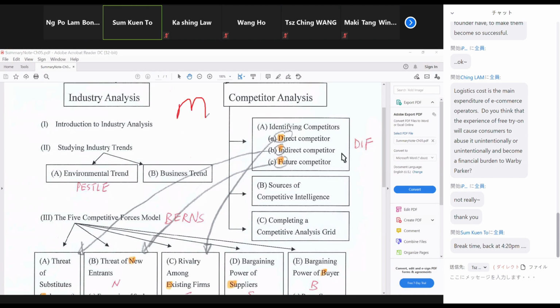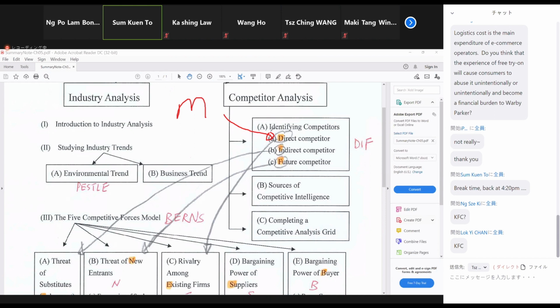And then who will be my direct competitor, to see how you can work that out? Anybody can help me? If I am the CEO of McDonald's, I want to analyze who are my competitors. Can anybody tell me who are the direct competitors of McDonald's? I am selling burgers.